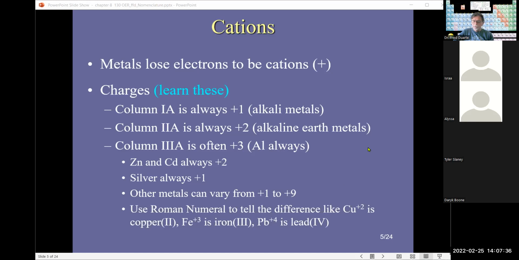So what we do, to distinguish the variable oxidation number of these metals, we use Roman numerals. For example, copper +2, we would write as copper, parentheses, Roman numeral 2, and parentheses.